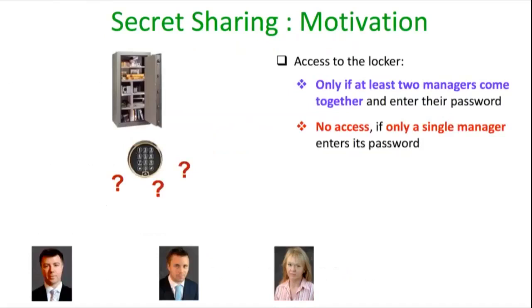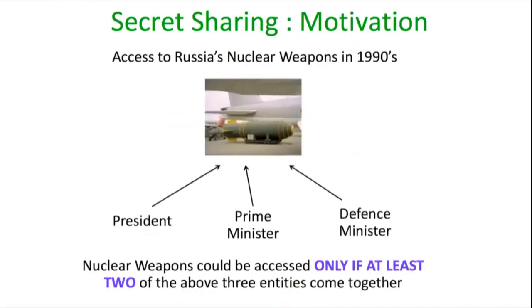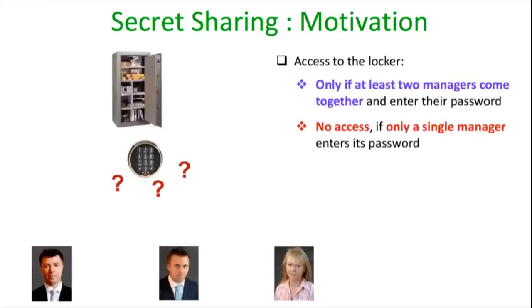As I said, I gave you two examples. In example one, the password for the bank locker should be secret shared among the three managers in such a way that only if two managers come together and enter their respective passwords, the locker should open. But if only one manager enters her or his password, the locker should not open.